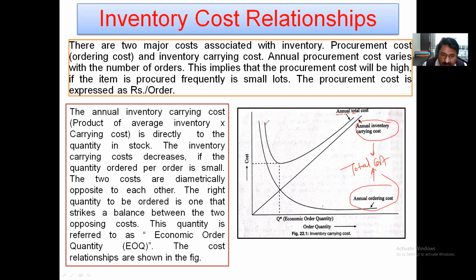You can see the trend of the total cost. In the initial phase it is very high, then it decreases to a certain level, and after that level it increases sharply. Now, this point where these lines meet is the EOQ, economic order quantity.